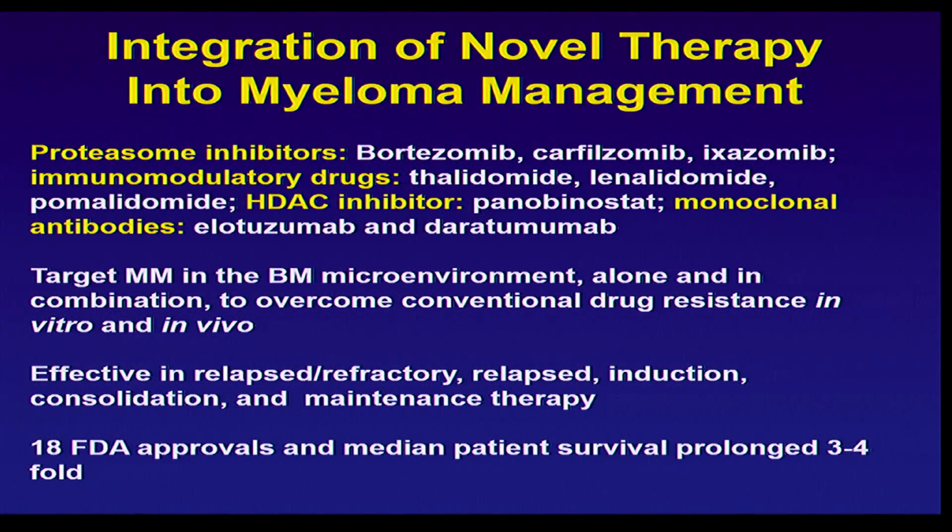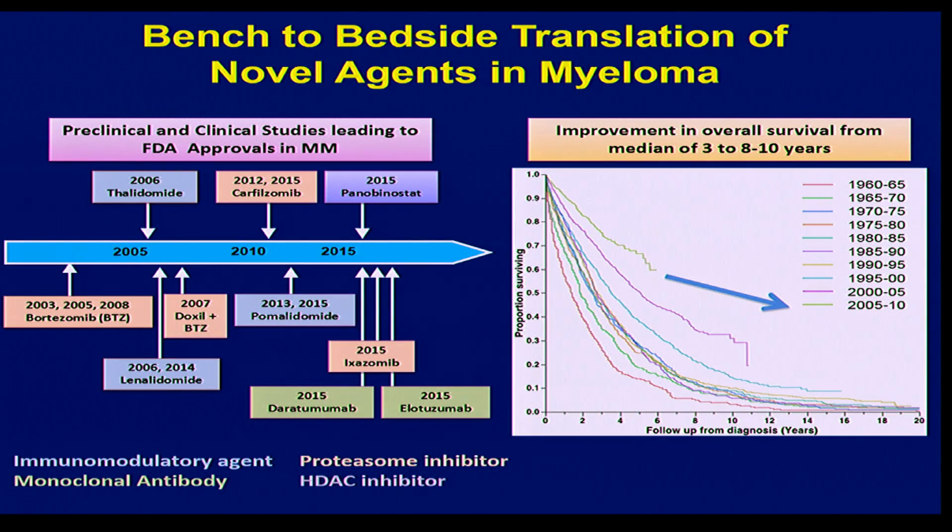Now, this is the track record for myeloma. We've had 4 new classes of drugs, proteasome inhibitors, IMiDs, HDAC inhibitor and monoclonal antibodies, and these have been active in the preclinical models and overcome conventional drug resistance and rapidly moved to clinical trials. There are a total of 18 now FDA approvals in the last 13 years since 2003, and people are living 3 to 4 times as long.